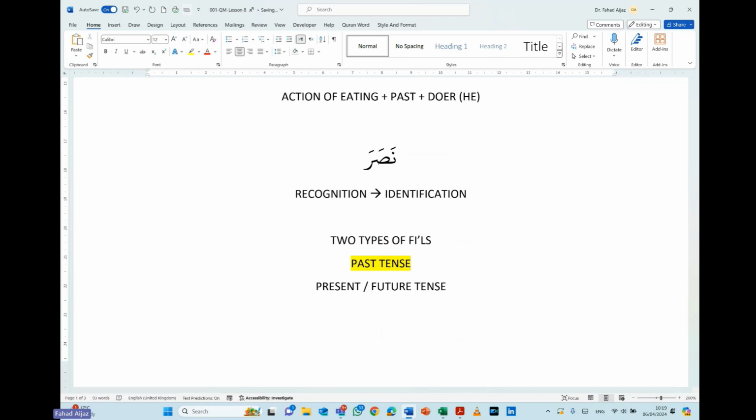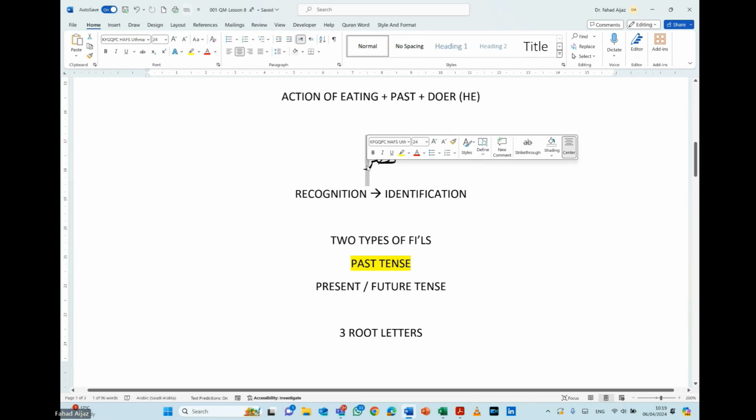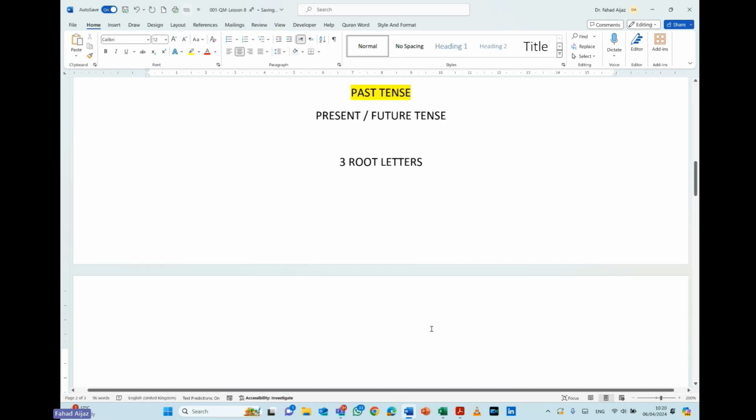are made up of three root letters. Okay, so in this particular case, for example, this is Noon, Saad, and Ra. Okay, the three root letters. Even if the word apparently shows more letters, I'll give you an example.